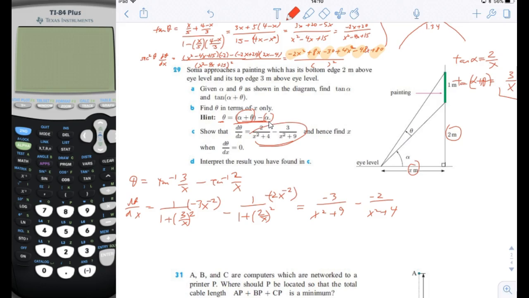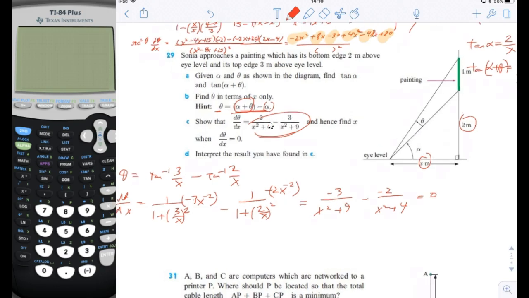All right, and find x when d theta dx equals 0. So if we set this equal to 0, then we would try to figure this out as much as possible without the calculator. If you look at this, you can say, okay, I am going to multiply the top by the denominators to make a common denominator.